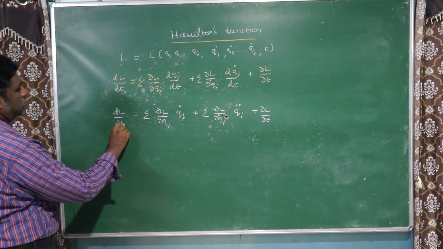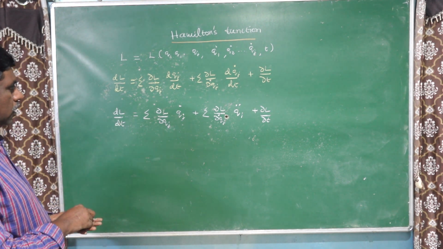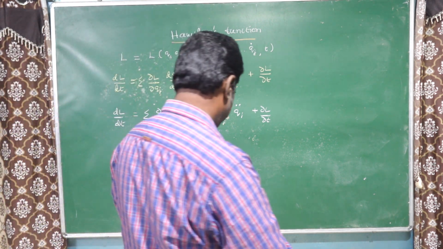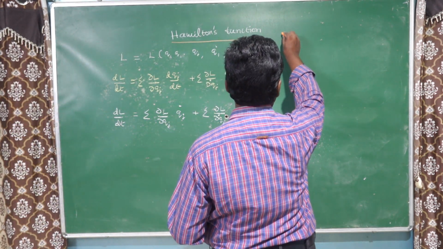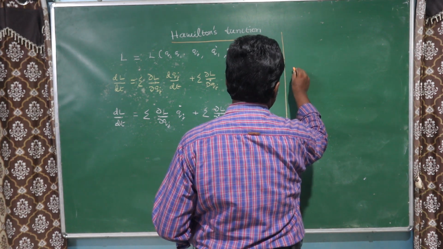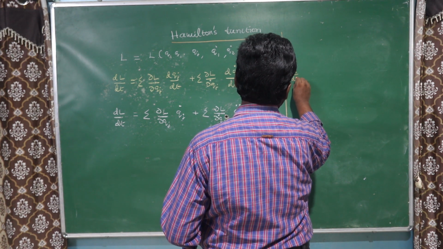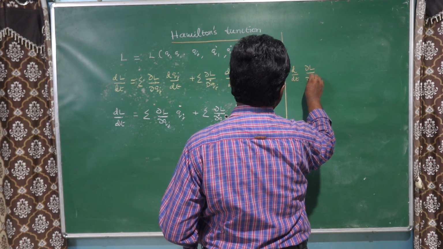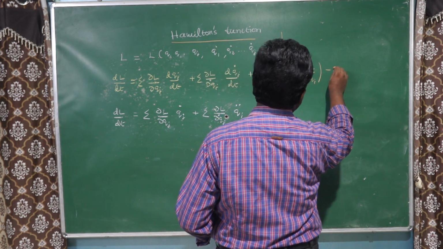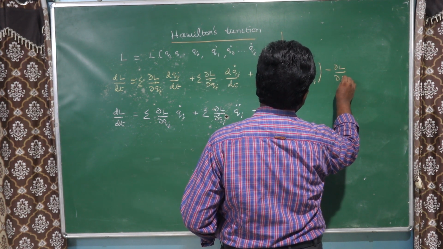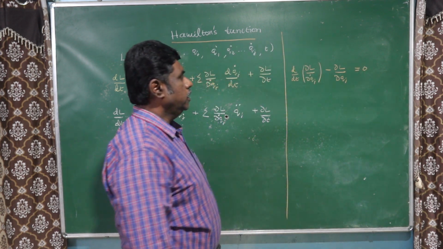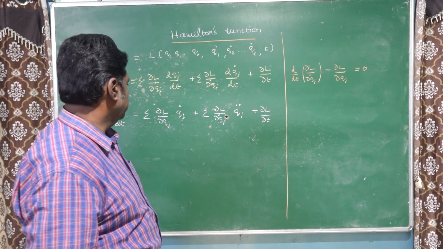dL by dt. We know the Lagrangian equation for a conservative system, that is d by dt of ∂L by ∂qj dot minus ∂L by ∂qj equal to 0. This is the Lagrangian equation for a conservative system.